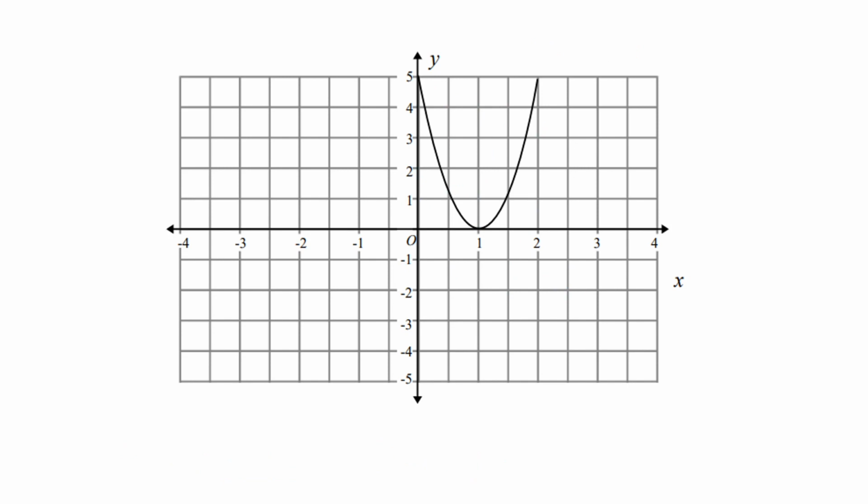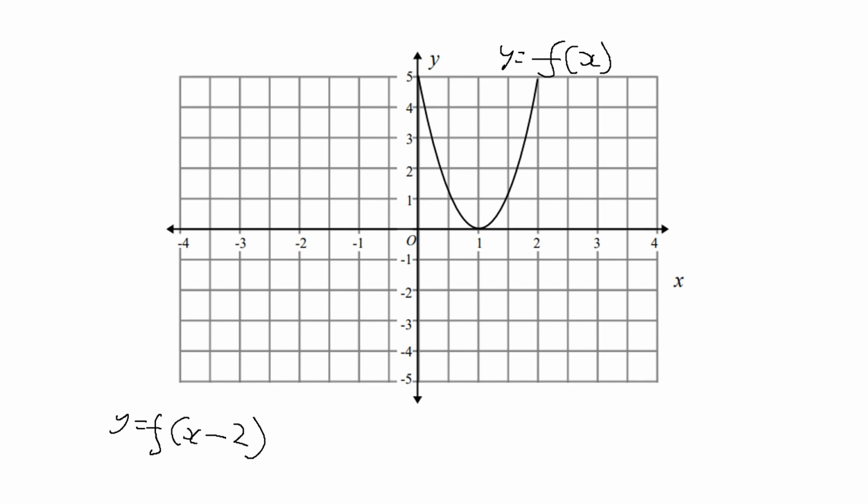What about if it is inside the bracket? We're going to do these examples with the same graph. If this is y equals f of x, what would the graph of y equals f of x minus 2 look like?